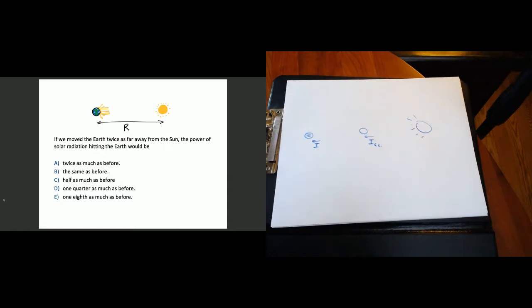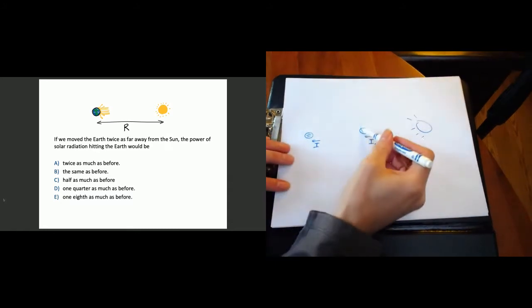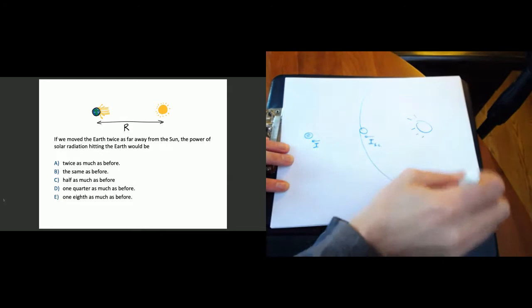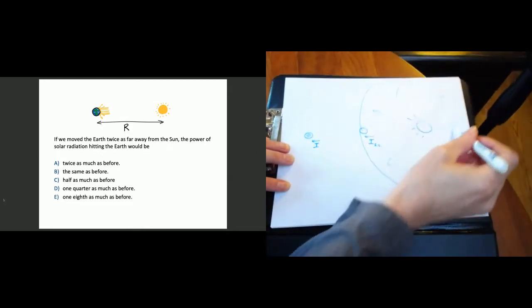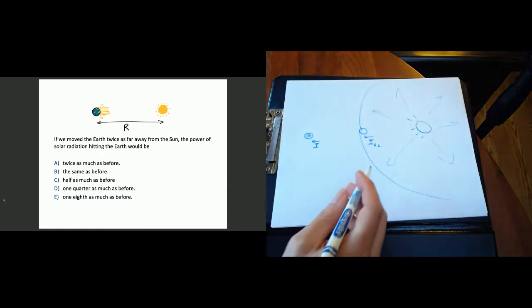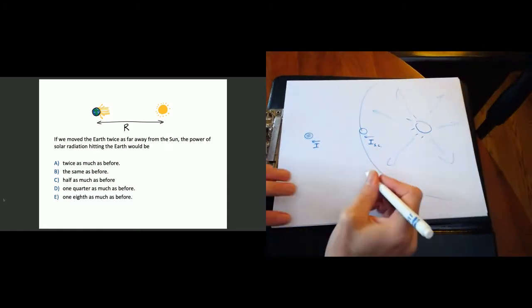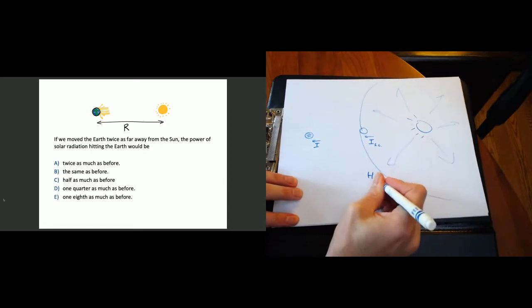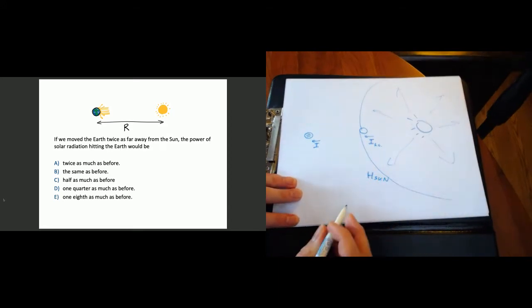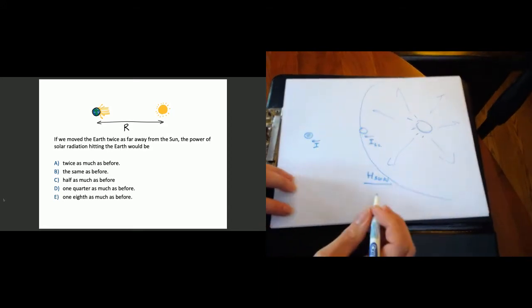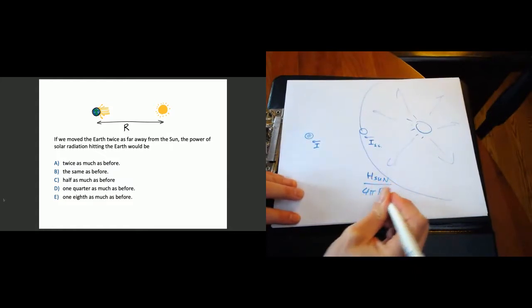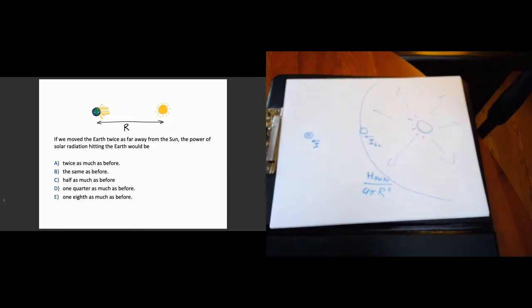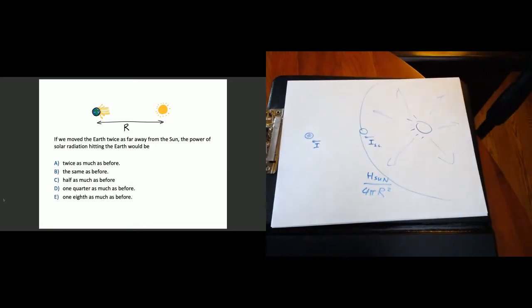How much less? The logic is that the sunlight expands out uniformly in all directions. So the power per unit area is equal to the power of the sunlight divided by the total area of that sphere at a radius r. That's 4 pi r squared.